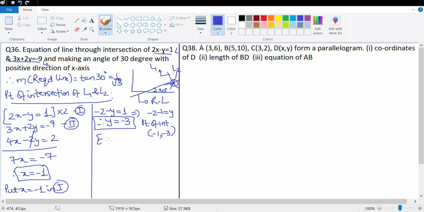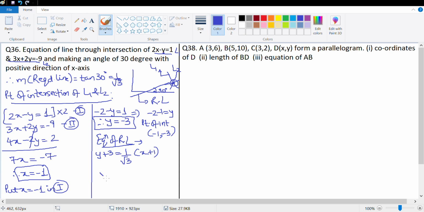Now the equation of the required line: the slope is 1 upon root 3, and it is passing through the point negative 1, negative 3. Perfect. So y minus y1, that's y plus 3, is equal to 1 upon root 3 times x minus x1, which is x minus negative 1, which means x plus 1.